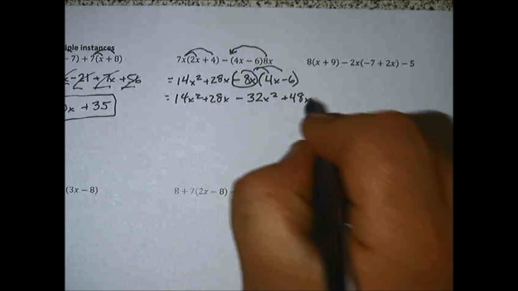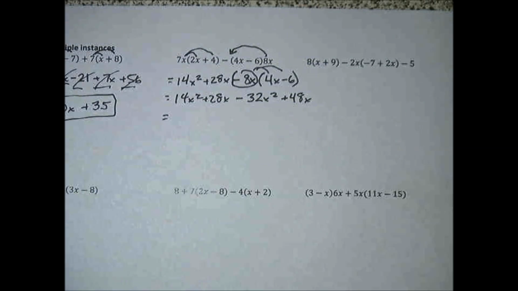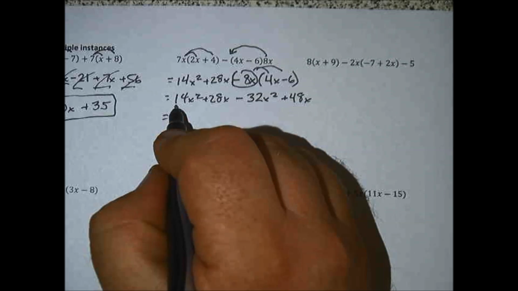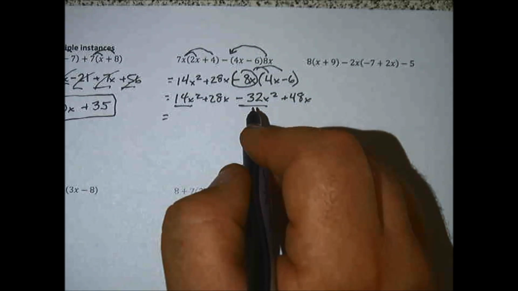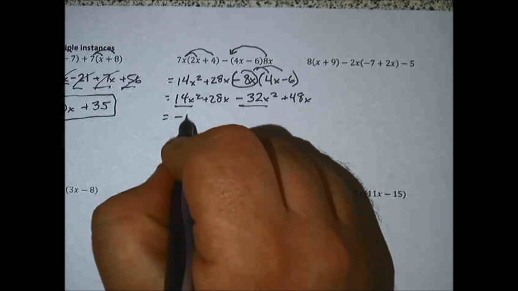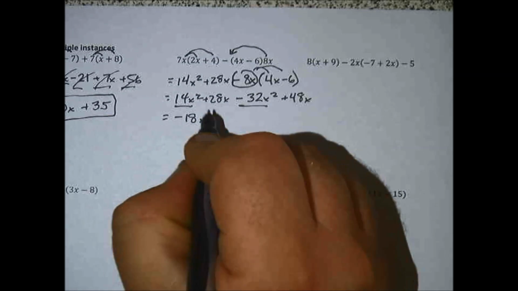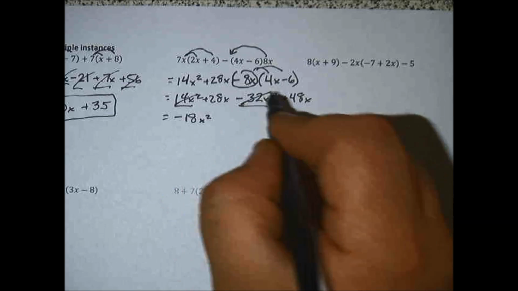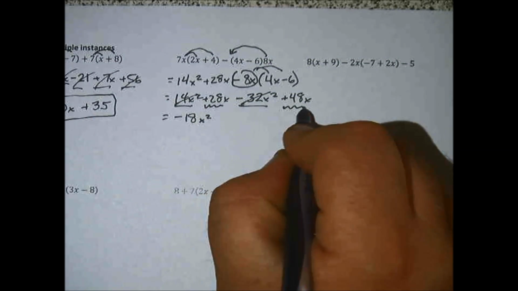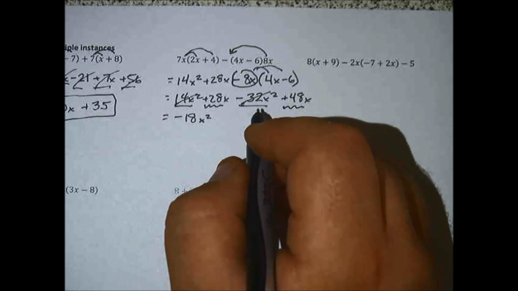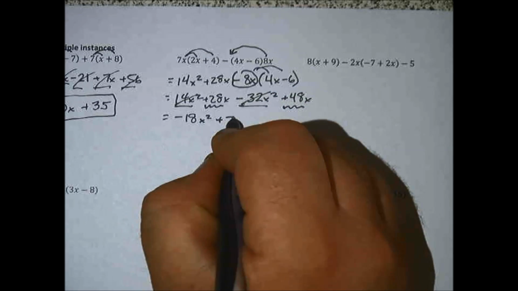And we just have that x hanging out with it. Okay. Now I can combine like terms. I have x squareds. Okay, I have 14 minus 32, which is negative 18, x squared. And I have a positive 28 and a positive 48. That's going to give me a 76x.